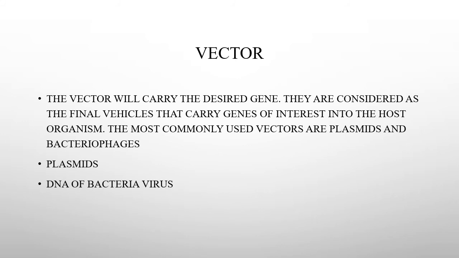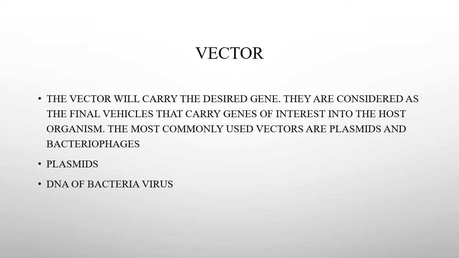What are plasmids? Basically, plasmids are natural extra-chromosomal circular DNA molecules, and they are the most common type of vector. They can cause resistance against certain antibiotics, and they have a very significant role in bacteria.